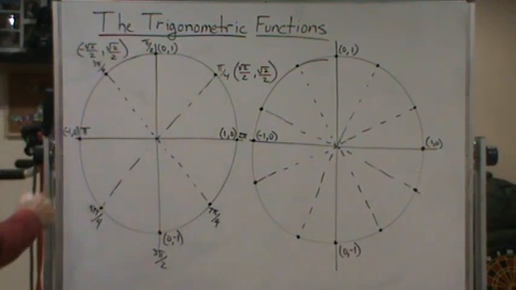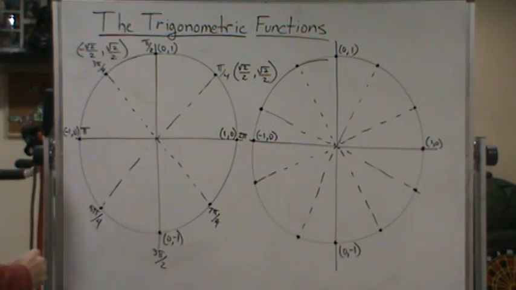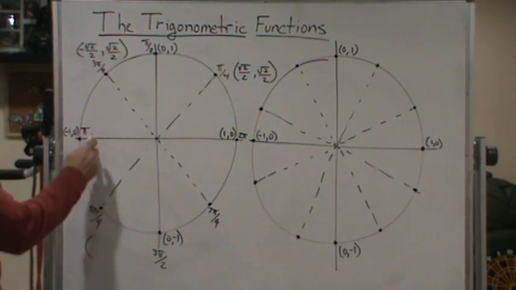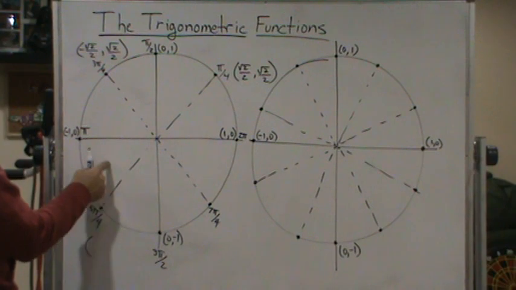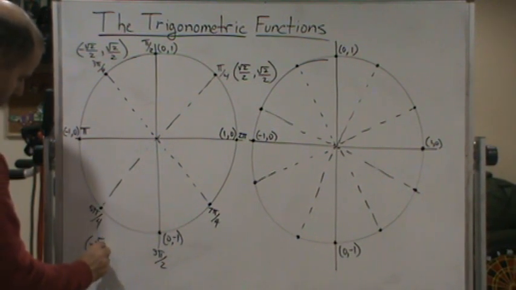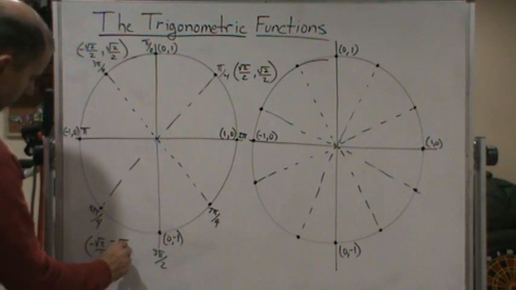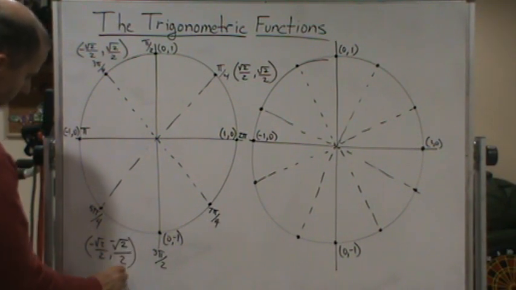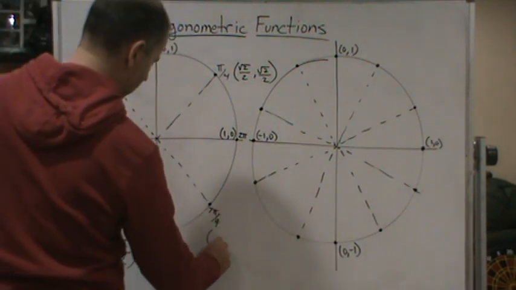Okay? And then, of course, this point is going to be flipped across the x-axis, and by the way, you could just use the fact that both coordinates are negative here, so we could just do negative square root of 2 over 2, comma, negative square root of 2 over 2 here, and then of course over here it's going to be what?